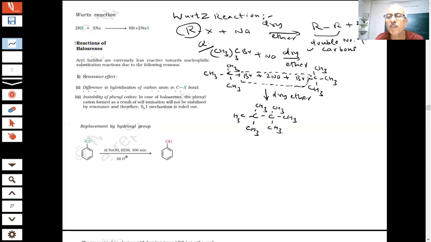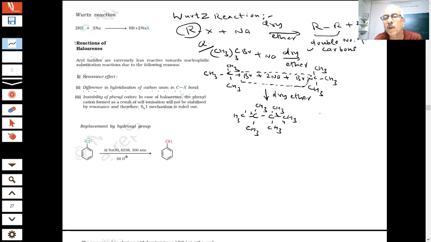What is the IUPAC name of this compound, students? 1, 2, 3, 4.